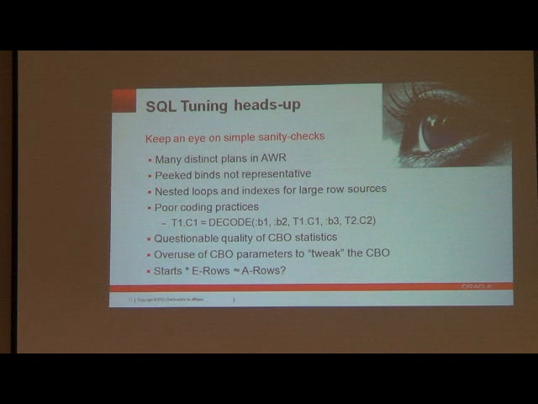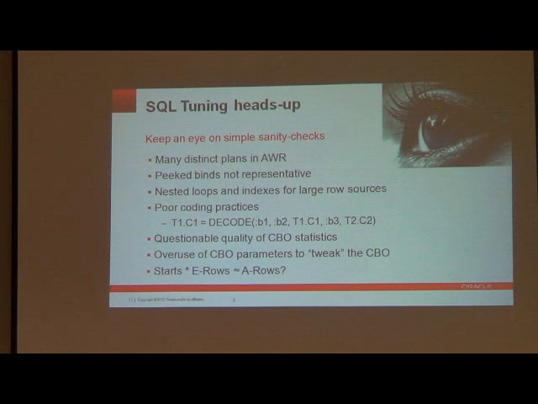Sometimes you see the statistics, and by looking at them, you find things that don't seem to be right. For example, you have an index that has one column, and the number of distinct keys says 300, while the number of distinct values for the same column says 3,000. There is a mismatch. One of the two is going to be wrong, and one of the two may be right.